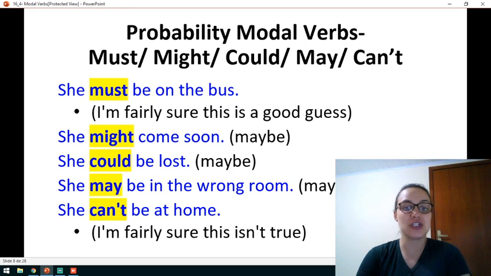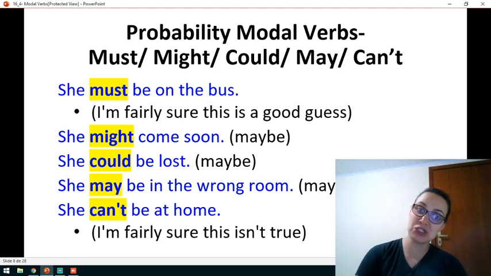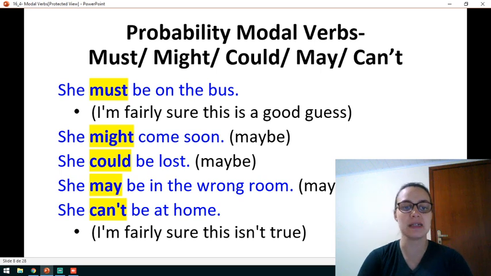Also, I can say she may be in the wrong room. So for example, if I'm waiting for my sister in a doctor's office and I can't find her, she may be in the wrong room, all right? So maybe she's in the wrong room, or maybe she didn't arrive yet. It's a possibility, may.